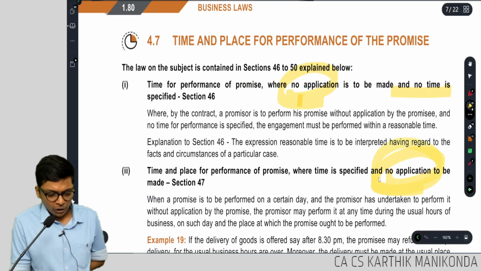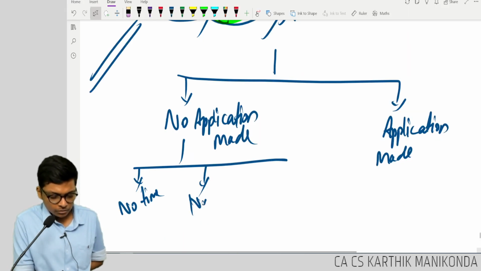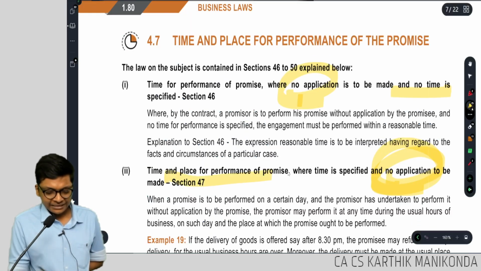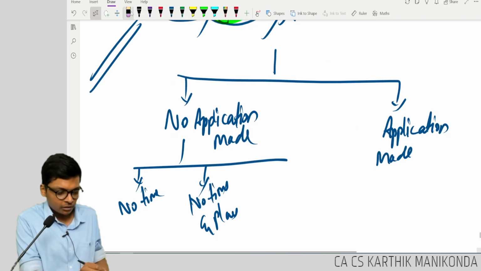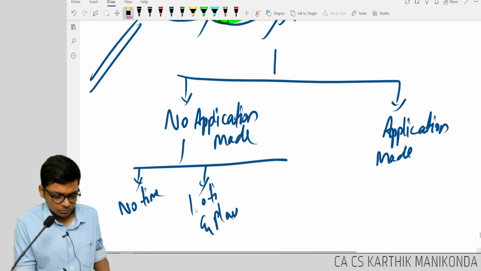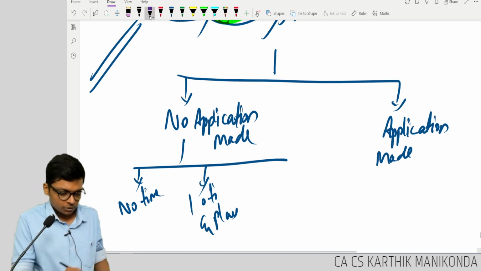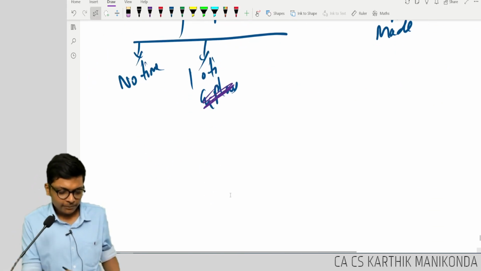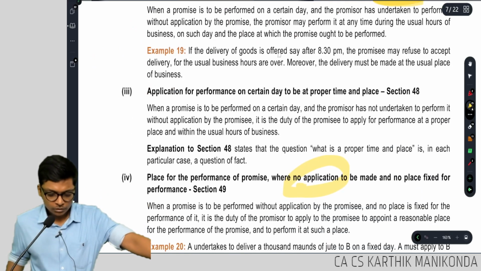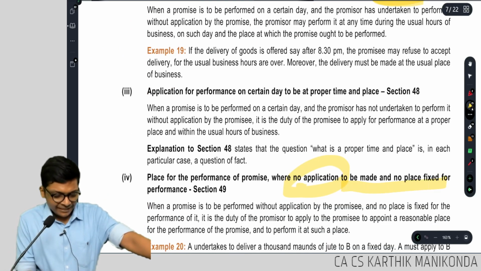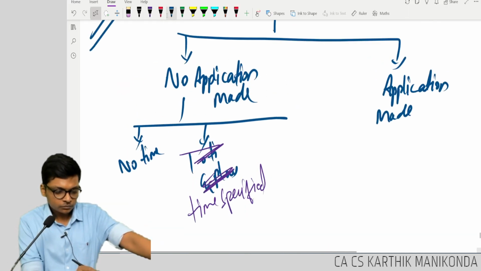Next is no application, no time and place. That's the second one. Sorry, time and place. Time is specified, no application. Okay, time is specified. Sorry. Last one is no place is fixed.